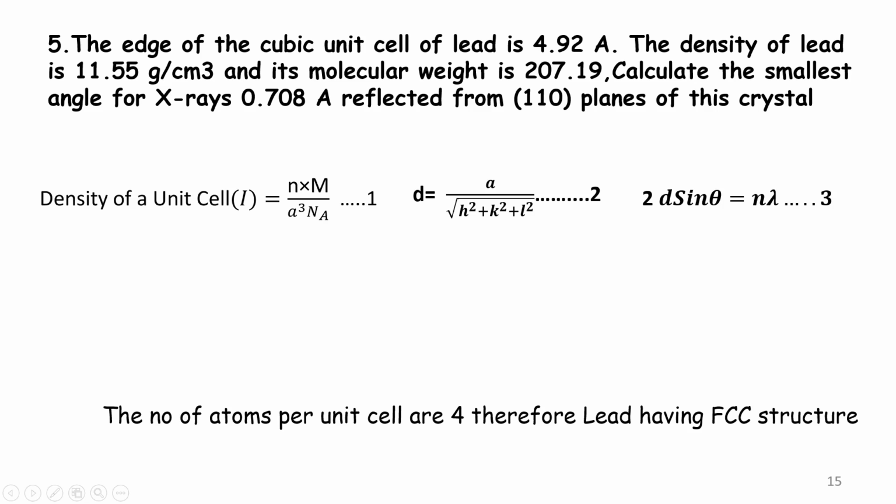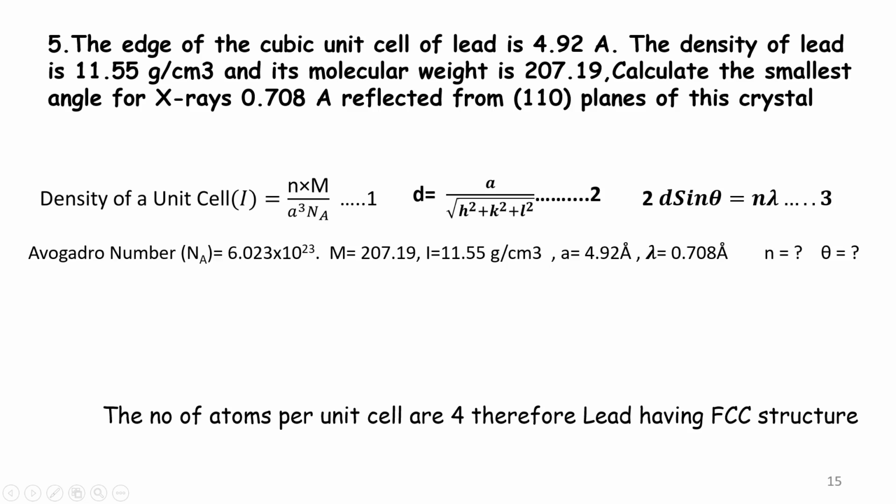So you have to use here three formulas. One is for the density, second one is for the interplanar distance, and third one is the Bragg's diffraction condition. So now by using the given things here, the Avogadro's number, the molecular weight, the density, the lattice constant and the value of lambda, you have to determine the value of small n, that is the number of atoms per unit cell, and the value of theta.